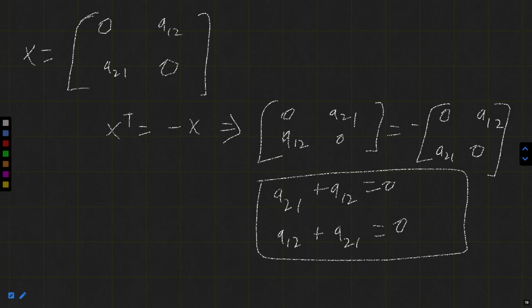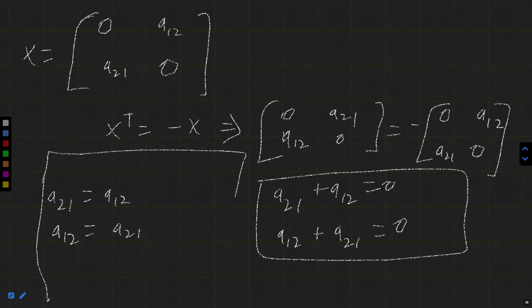Okay, this is clear. Now it is symmetric also, so X transpose must be the same as X, and from that you can say a21 is the same as a12, and a12 is the same as a21. This is from the symmetric definition, and the previous one is from skew symmetric.